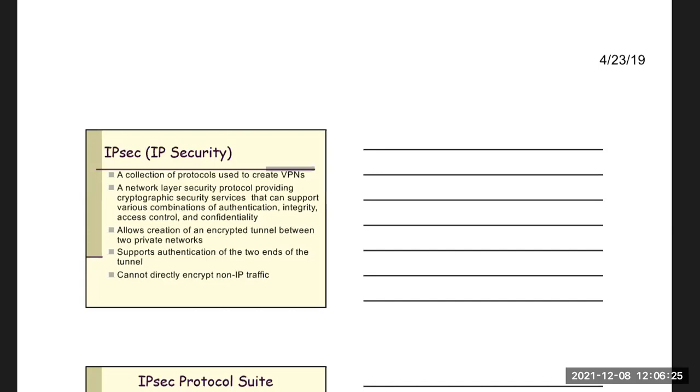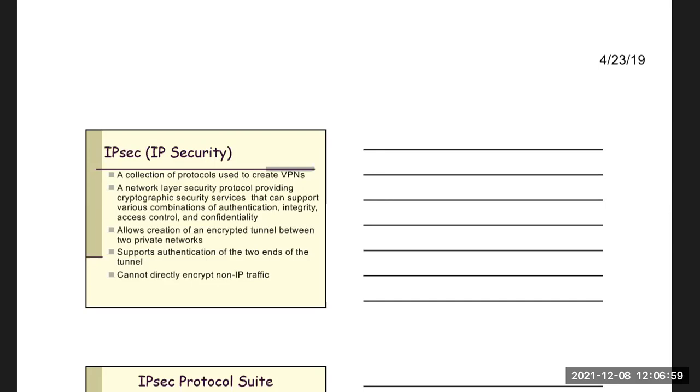And it protects network data by setting up circuits using IPsec tunneling. All the data sent between the two endpoints is encrypted, as with a virtual private network.